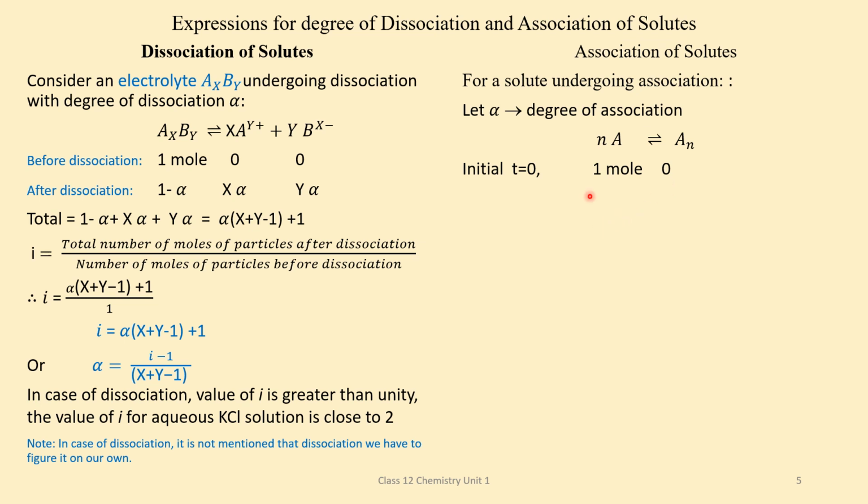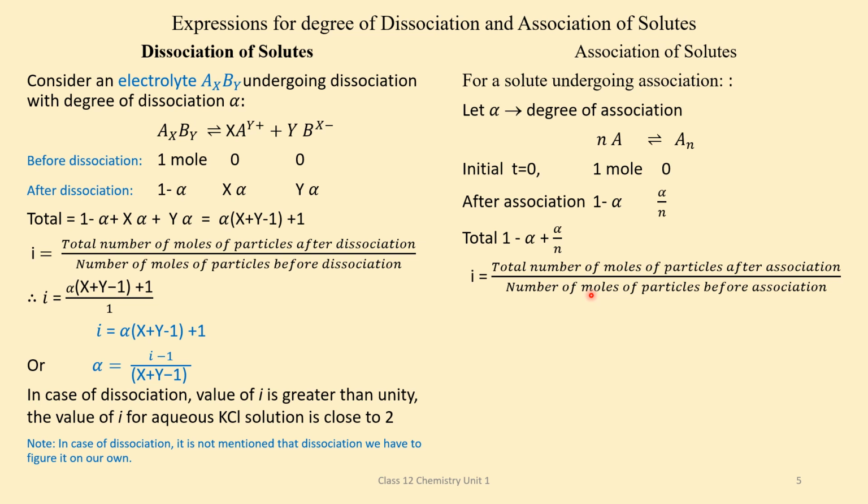That is because there is no association at all. And after association, it loses alpha molecules and hence it becomes 1 minus alpha, and the right hand side becomes alpha by n. Therefore, total will be 1 minus alpha plus alpha by n.